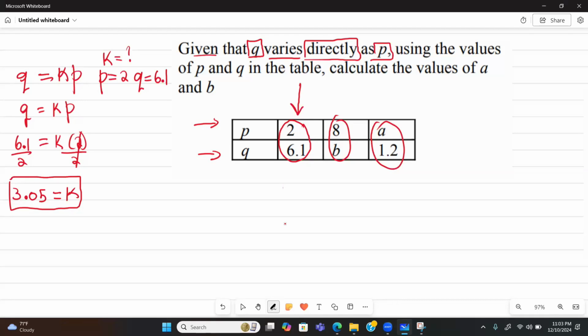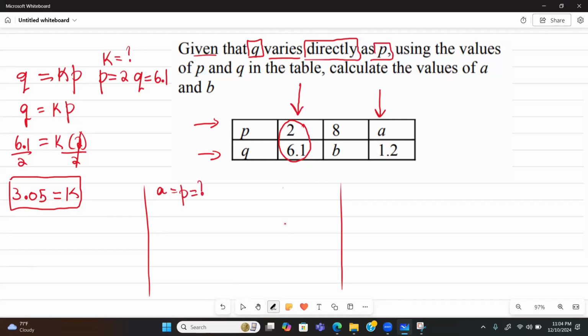Let us say I want to work on a first. Bear in mind that a is a p-value that we don't know.